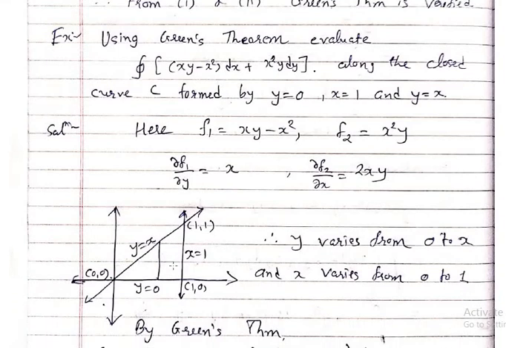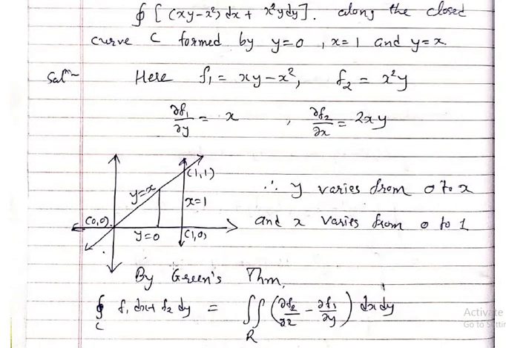Now we are going to use Green's theorem, so for that we have to write down the limits. First I am drawing the strip of y. So y is varying from y equal to 0 to y equal to x, and then this strip moves from the minimum value of x equal to 0 to the maximum value of x equal to 1. That means x varies from 0 to 1.